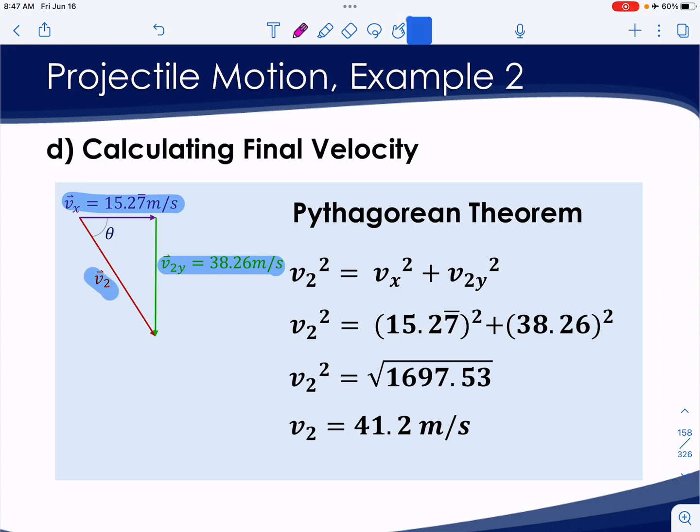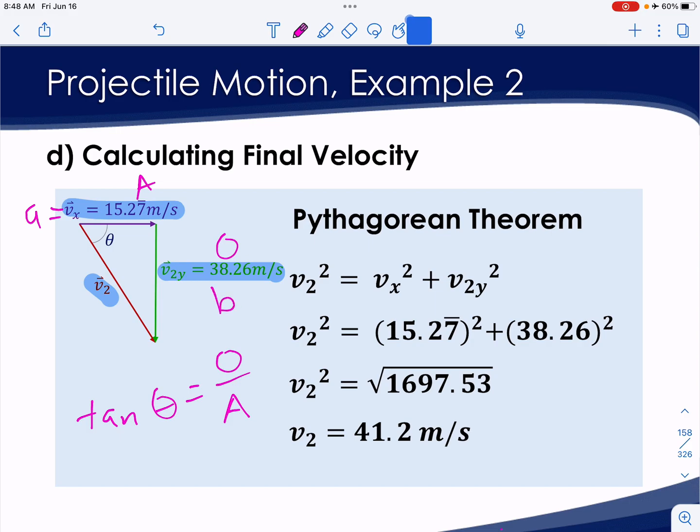If this is our theta, we have our adjacent and we have our opposite. So when you have those, you're going to use the TOA, right? So we know that the tangent of theta is equal to opposite over adjacent, right? And from the Pythagorean theorem, we can say this is our A, this is our B, and this is our C. So you can do A squared plus B squared equals C squared.